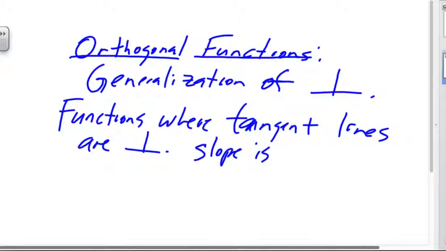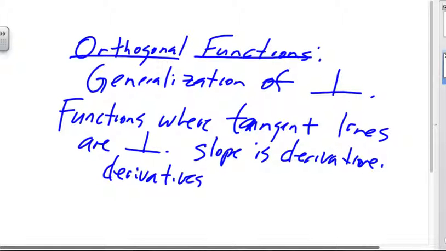All right? Remember when we talked about tangent lines, the slope of the tangent is the derivative. So what this means then is that orthogonal functions have derivatives which are negative reciprocals.